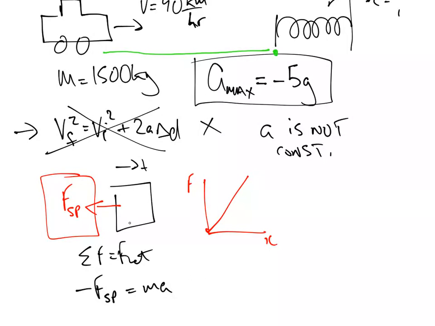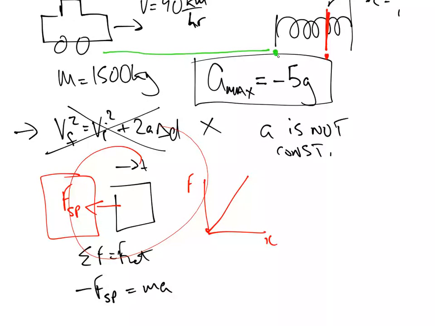Well, at the maximum location here, let's say it compresses down to this location here. At this maximum location, again, this is what the free body is going to look like. But what is the acceleration at that point?